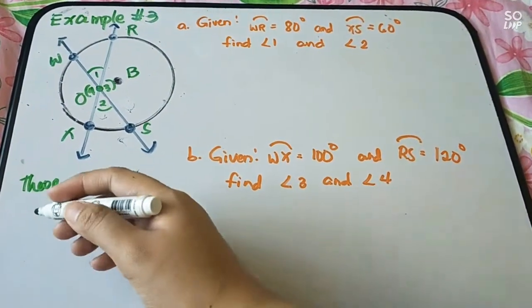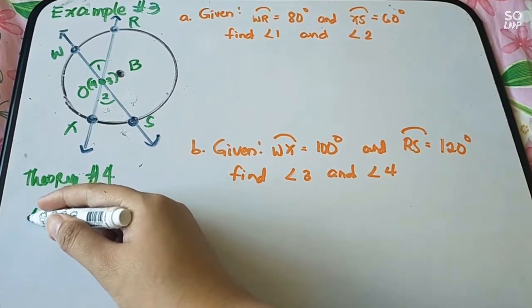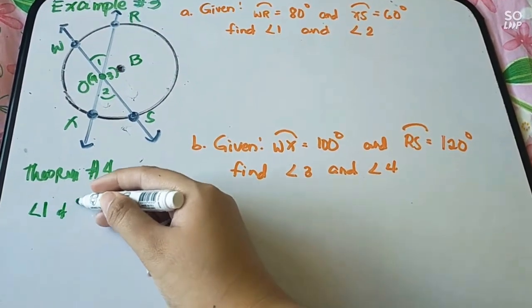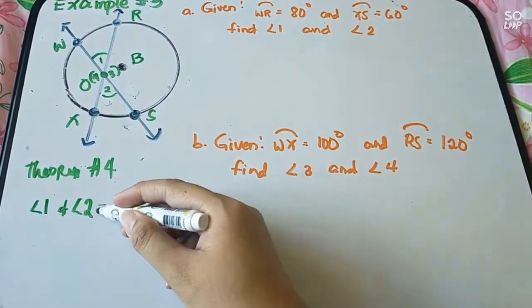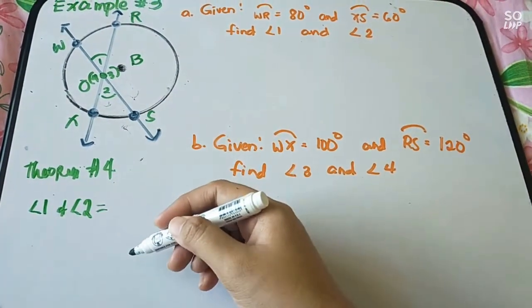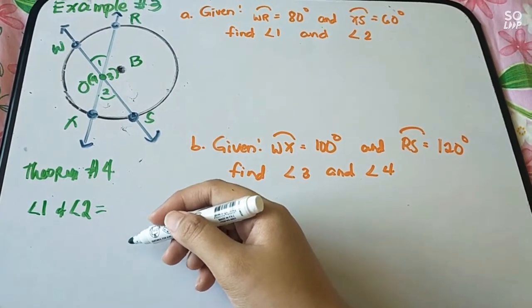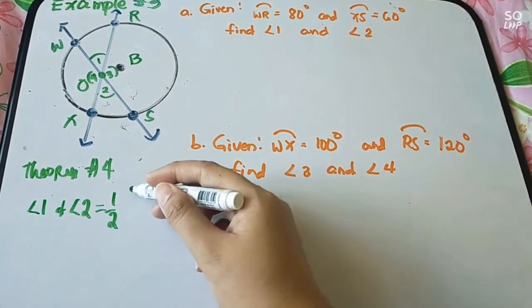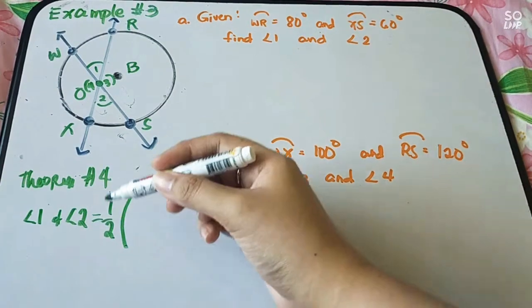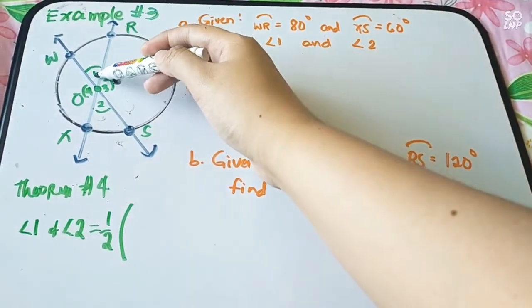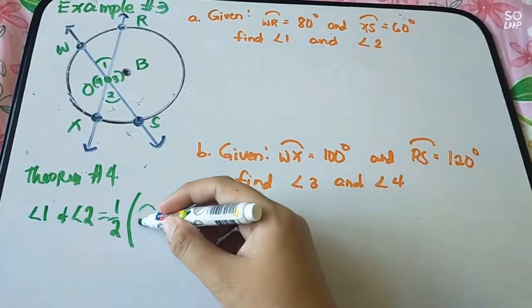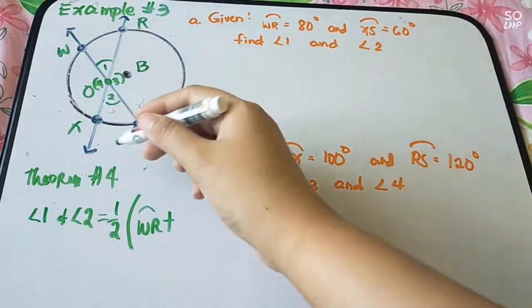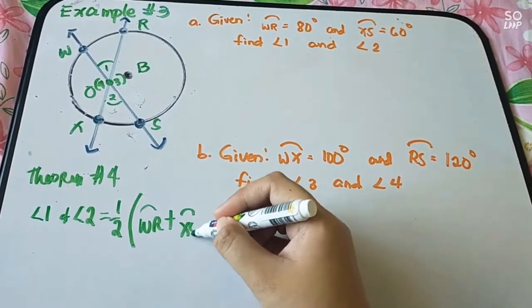I-add naman natin. So, we have here angle 1 and angle 2. Vertical sila, kaya parehas yung kanyang formula. Equal lang naman sila. Si angle 1 and angle 2 ay equal doon sa 1/2 nung intercepted arc nito. Itong angle na to, ang kanyang intercepted arc ay si arc WR plus arc XS.